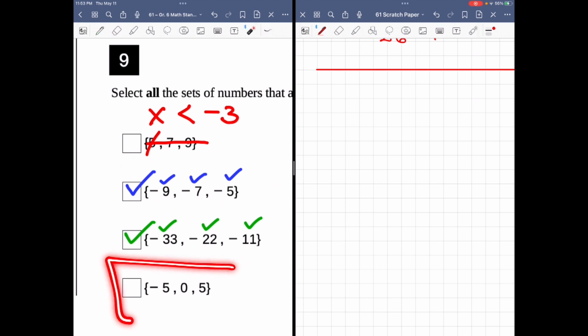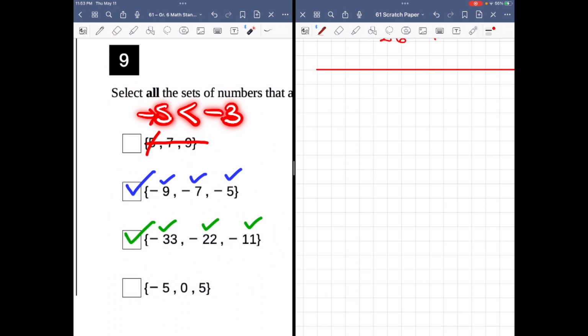Last line, switching to purple. So let's test every single one of these elements instead of x. First one, negative 5. Negative 5 is less than negative 3. That is true. So purple, check it off.